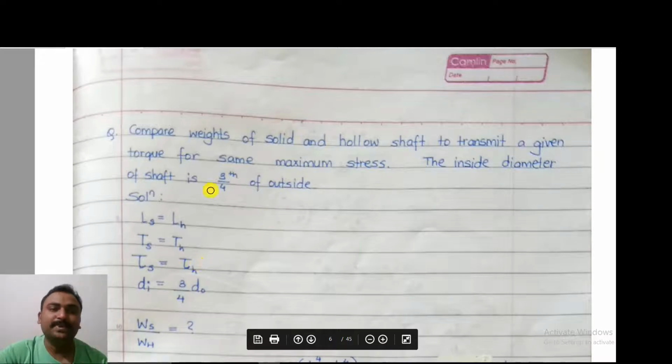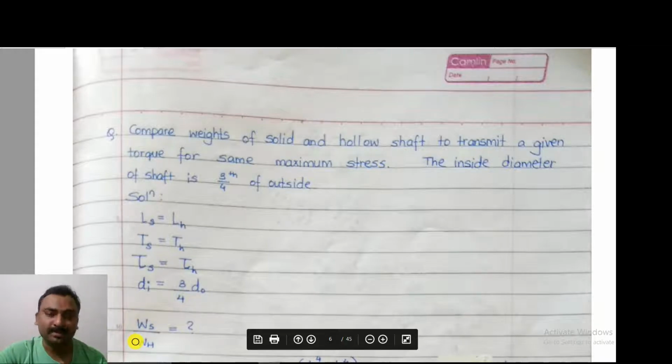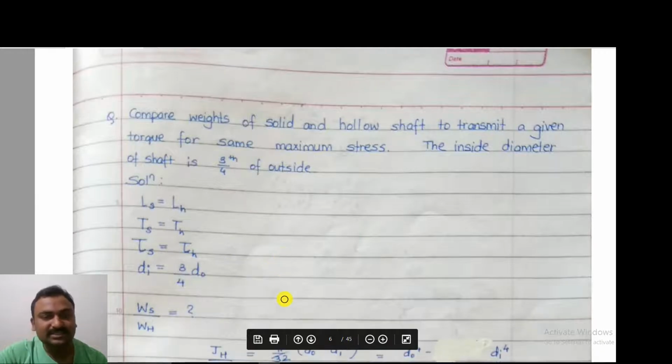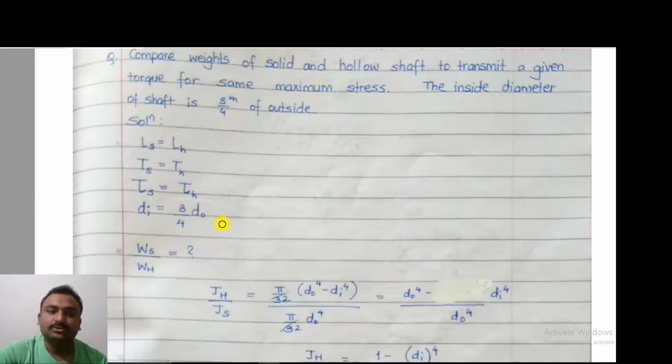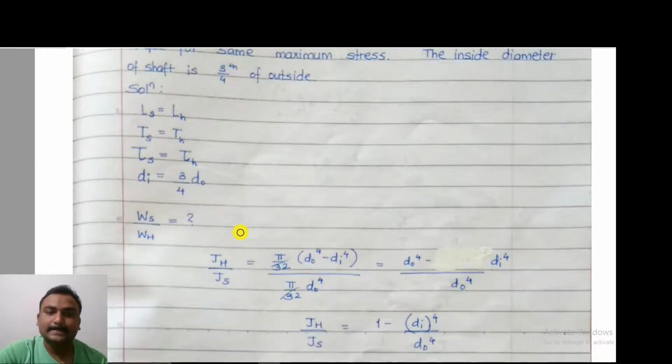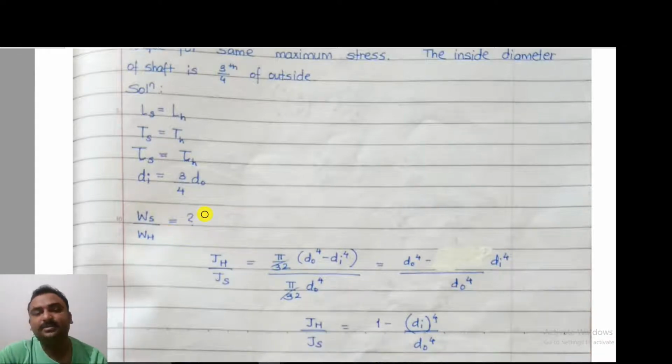We have to compare the weight of the solid and the weight of the hollow shaft. We have already studied that weight is nothing but mass into acceleration. To determine this weight, we first need the relation between outer diameter and inner diameter.